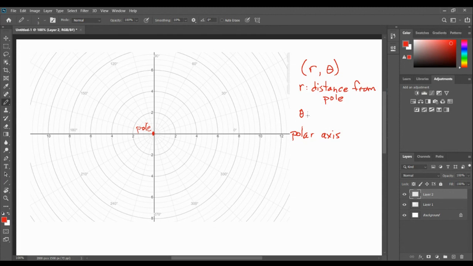We've measured θ regularly, starting at the positive x-axis and rotating counterclockwise for positive. And we'll do the same thing here.